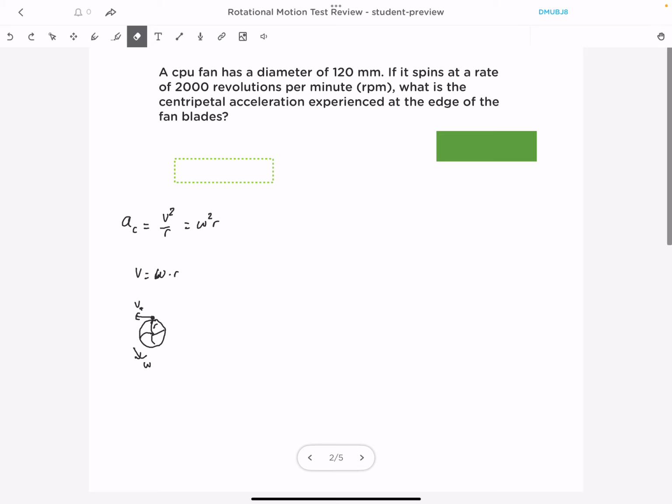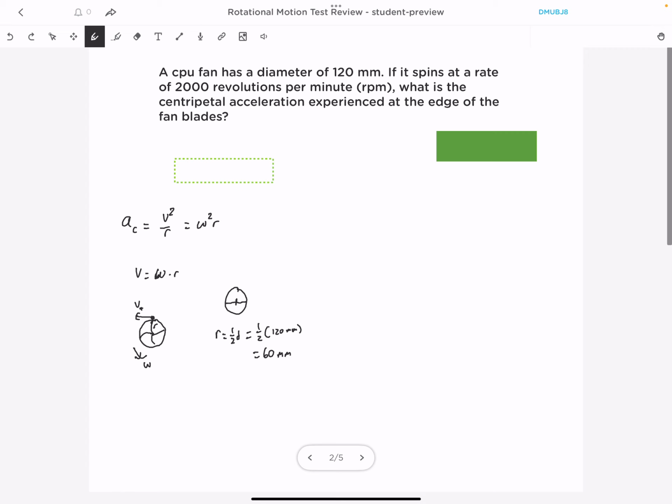So now let's figure out how to do the conversions. Something important to note is that this is talking about the diameter of the circle, not the radius. The diameter is the end-to-end distance, and the radius is half of that. So radius is equal to 1/2 the diameter, which is 1/2 of 120 millimeters, so we have 60 millimeters.